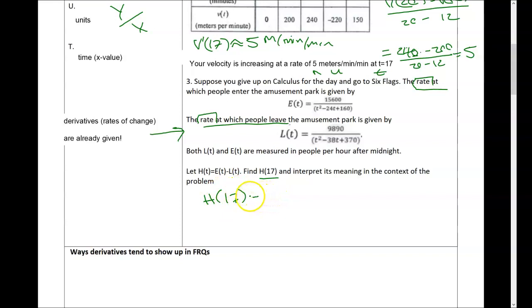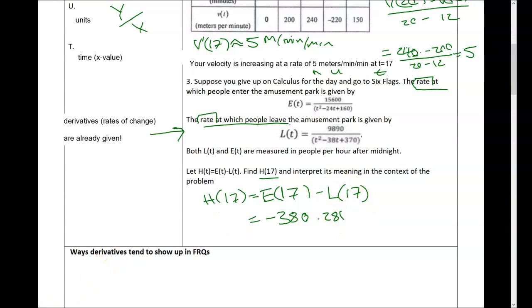Well, h of 17 is just e of 17 minus l of 17. And then I can just plug these into my calculator. I don't have to take a derivative here because that work is already done, right? So I'll just give you the result. I get negative 380 and some change, negative 380.28.